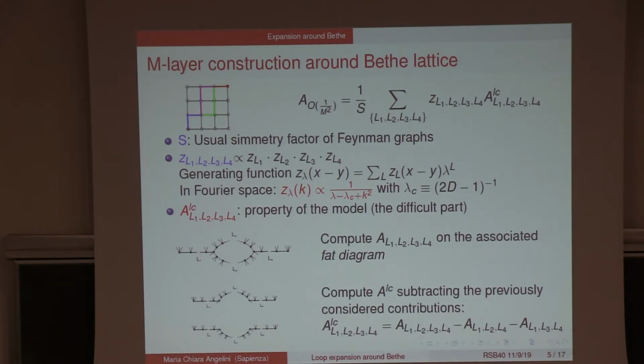At the order 1 over m, you just consider all the linear paths as independent, but then you realize, no, these are not independent because they form a loop, so you should subtract the terms that you put in the order 1 over m. Okay? Is it clear? Okay, so this is the order 1 over m square of our expansion.